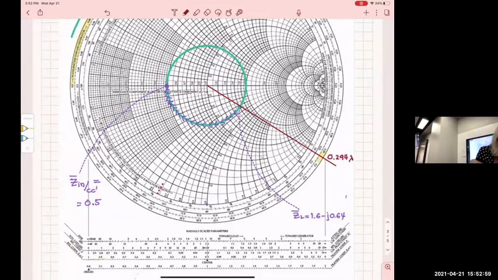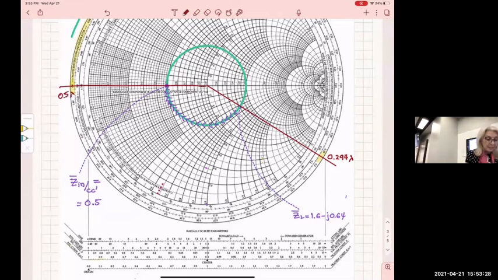And then the line between the center of the Smith chart and the other point, Z input, the one that I stopped at, is also this one, obviously. And the point here where I'm stopping is 0.5 because I'm going all around the circle and I'm coming to 0.5, all right? So the point here, I'm going to write it. This point is 0.5 lambda.